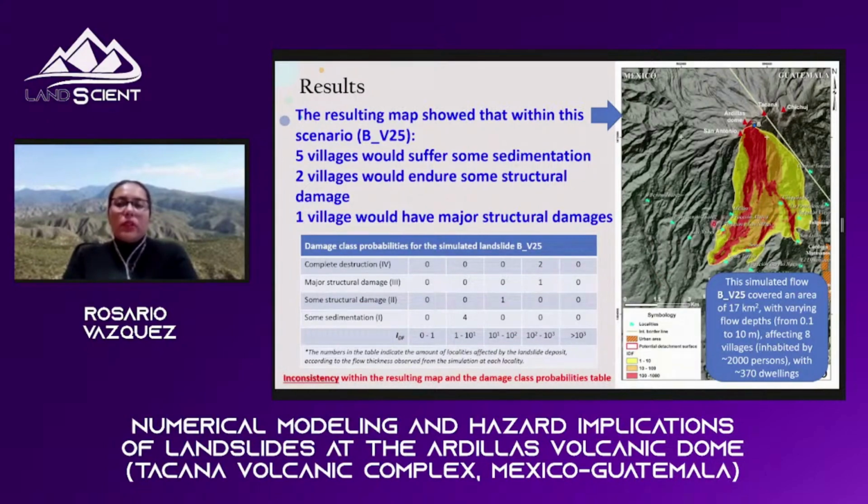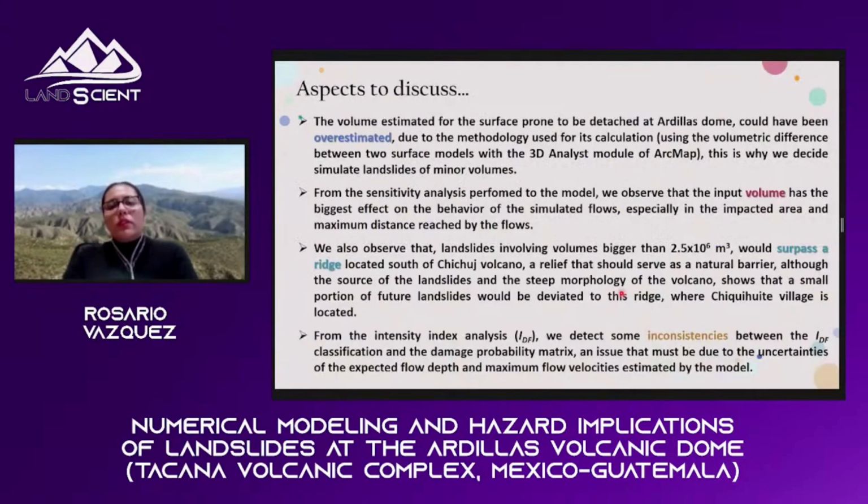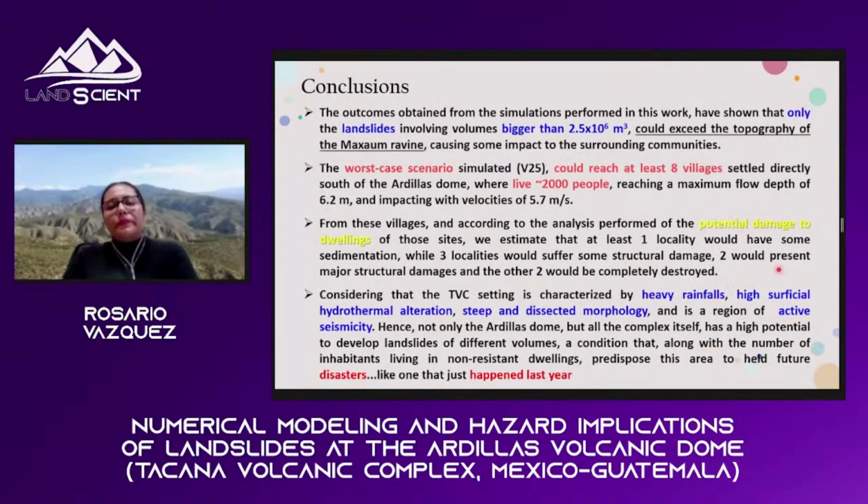And probably we cannot see these villages completely destroyed within our map, but we are certain that a landslide coming from the source in the Ardillas Dome, southeastern side, will affect the villages located downflow.